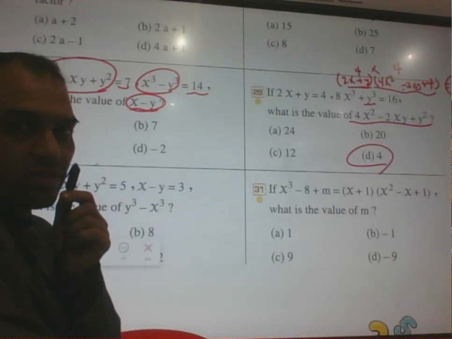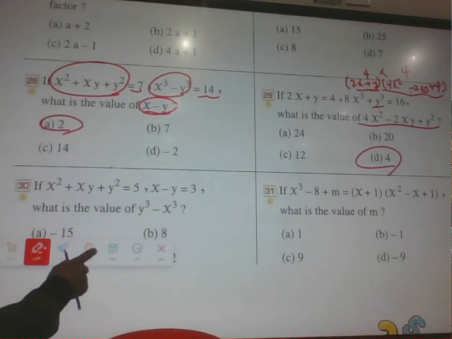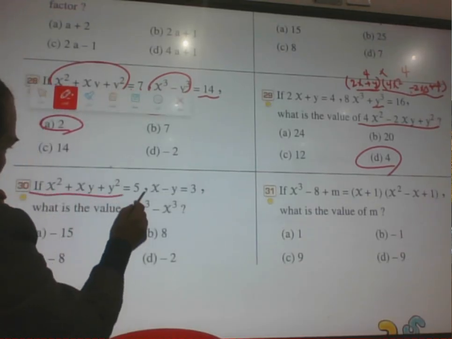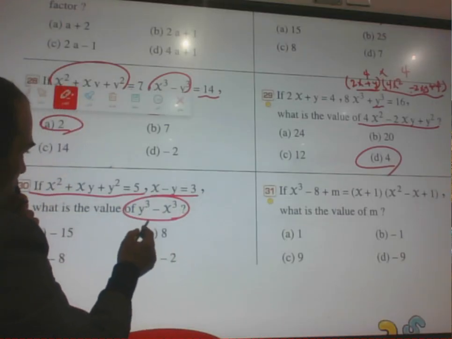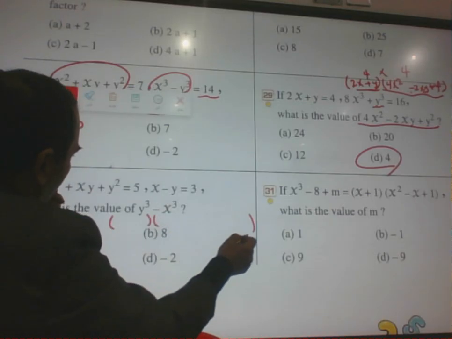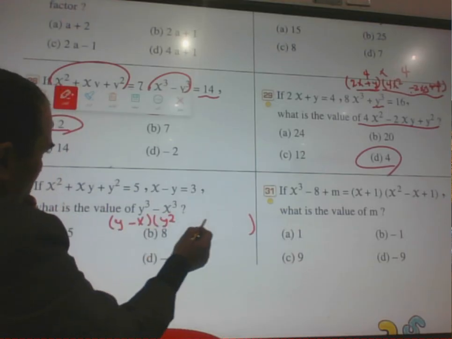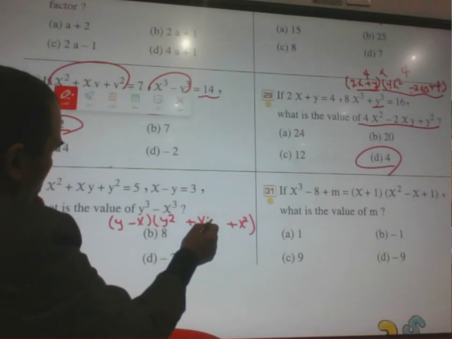Now we complete the next question down. Look here. We have x² + xy + y² equals 5 and x − y equals 3. We can factorize the expression. We can open two brackets to factorize it, a small bracket and a greater bracket, with the cube root of the first and the cube root of the second. First squared and second squared, and for the middle, multiply the first and second and change the sign between them.